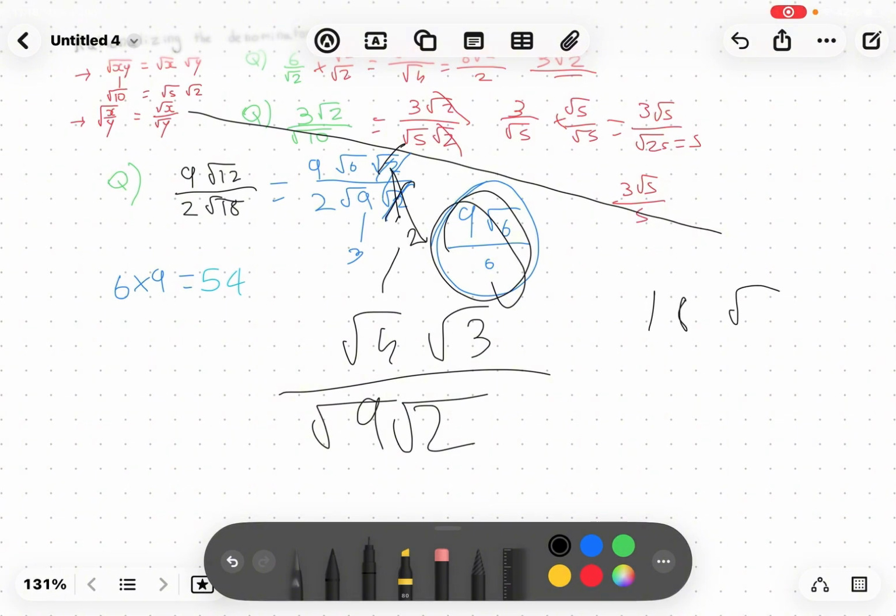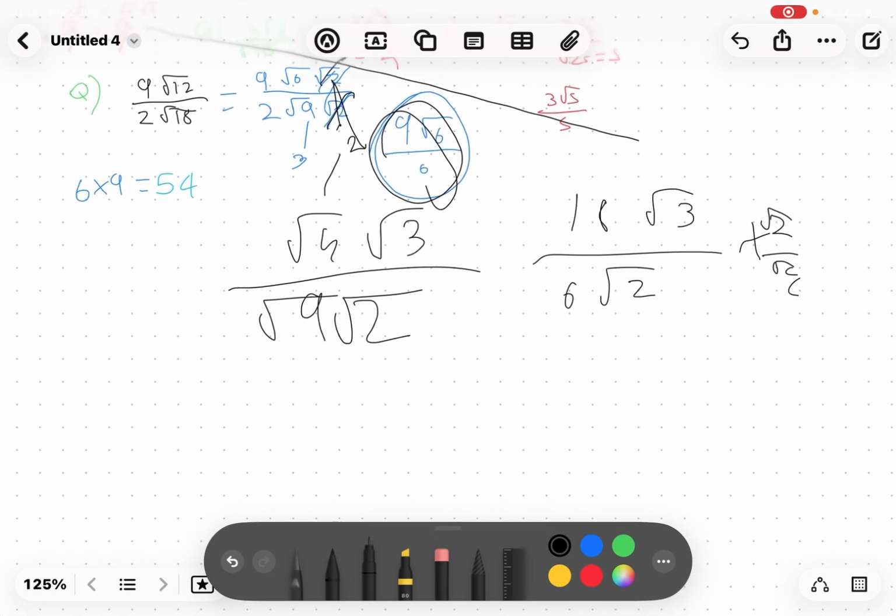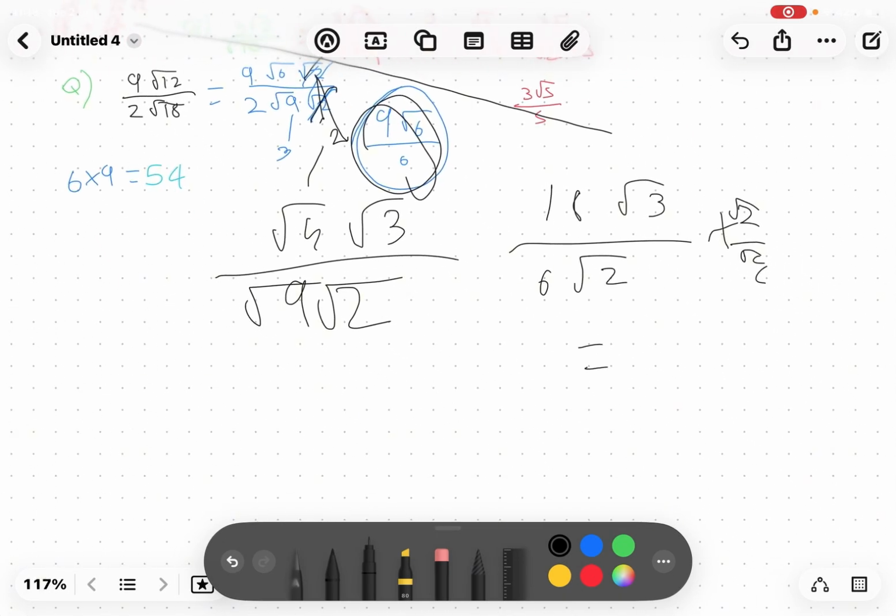The 3 is left, and then this is equal to 3, so she made 6, and then the 2 remained, and she multiplied by the square root of 2, and after that this is what it became, and the final answer, because of the division, was 3 square root of 6 over 2.